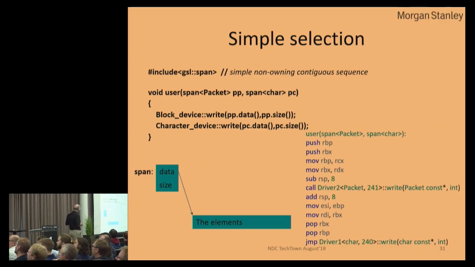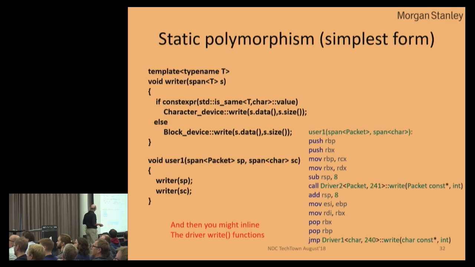Why can't it just pick the right one, which is what polymorphism is for, what the standard interfaces are for, what we use virtual functions for. But you know, if I really know what I want at compile time, I don't need those indirections.